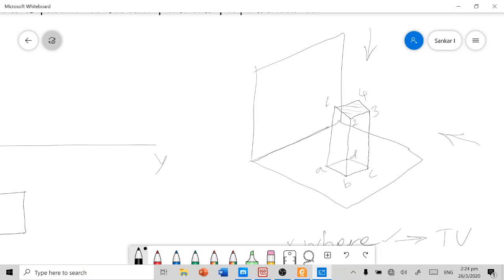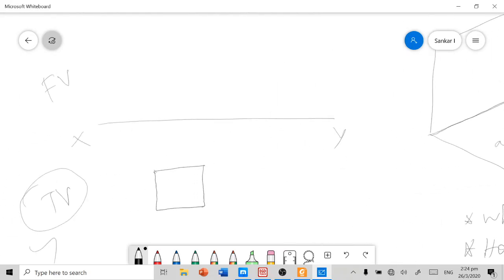When you look at it from the top, all the 8 corners will look like 4 corners: A, B, C and D, and just above them we have 1, 2, 3, 4.